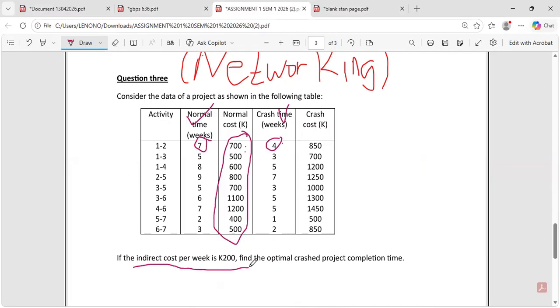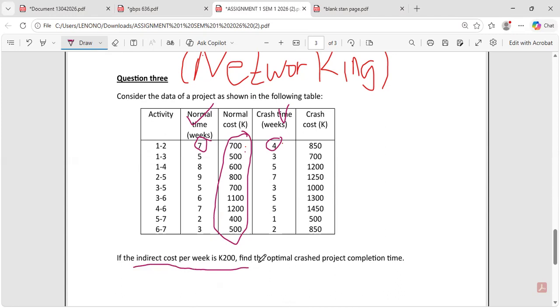So it's 700 plus 500 plus 600 plus 800 plus 700 plus 1 plus 1 2 plus 400 plus 500.